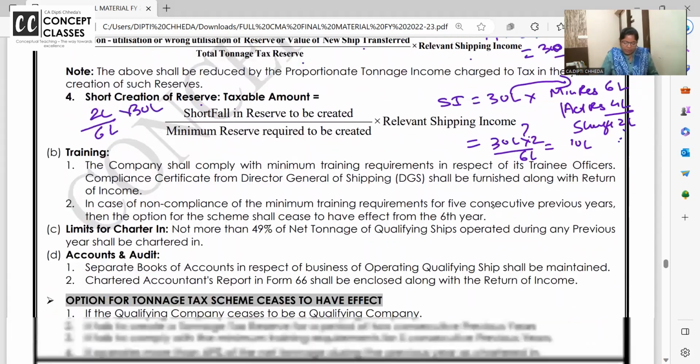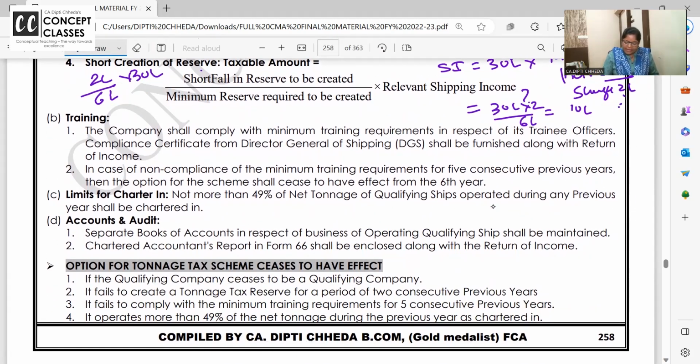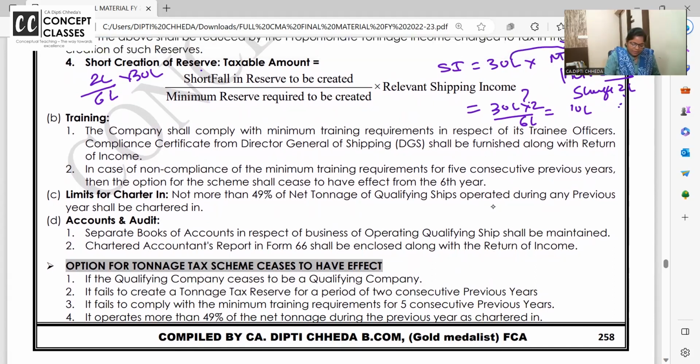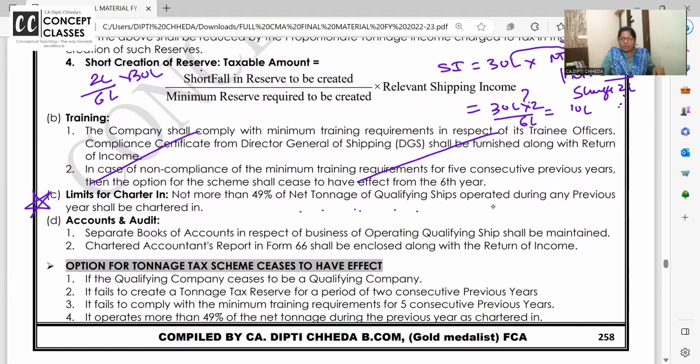Okay, चलो. Company shall comply with certain training requirements. ये ठीक है, नहीं भी पढ़ेंगे तो ये important है. Not more than 49% of the net tonnage of the qualifying ships. Qualifying ship एक तो होना चाहिए ना आपके पास जिसका net tonnage कितने से ज्यादा है? 15 टन से ज्यादा.